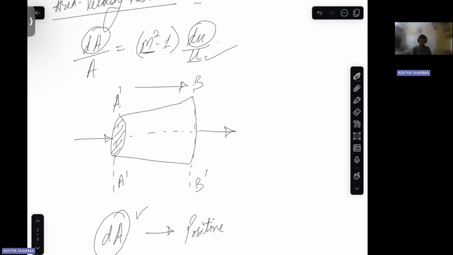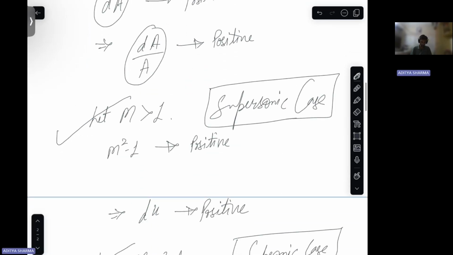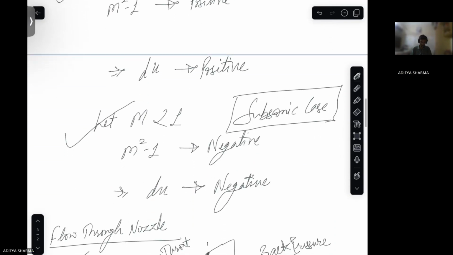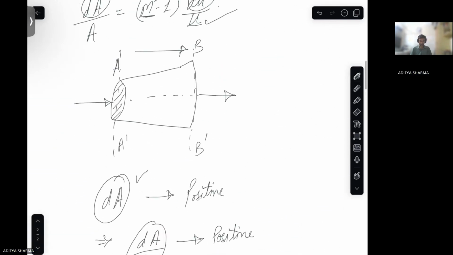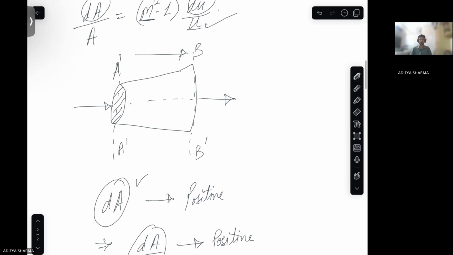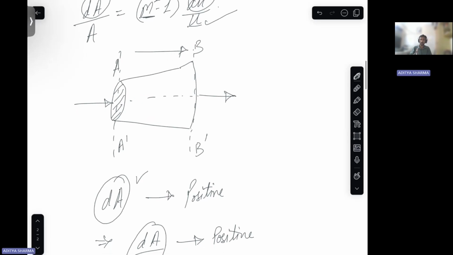For a diffuser, we discussed that if your flow is subsonic, the velocity will decrease. So what will happen if your duct is in nozzle shape, acting as a nozzle?